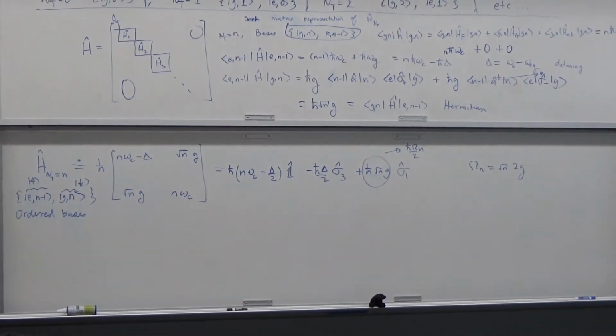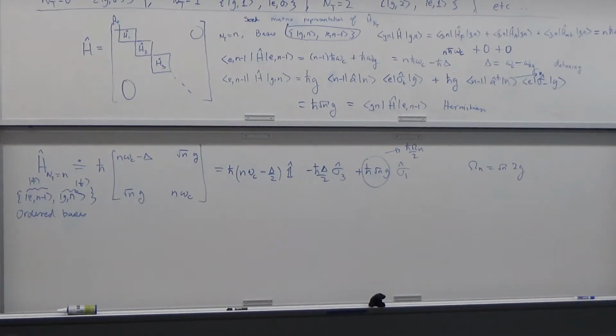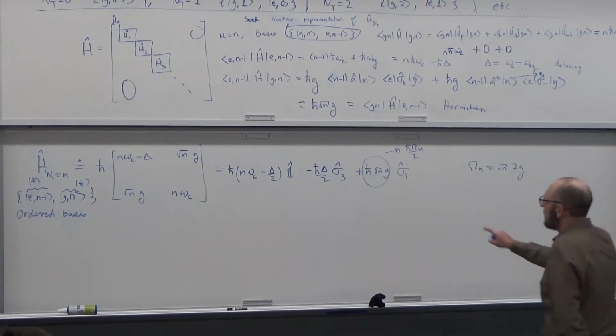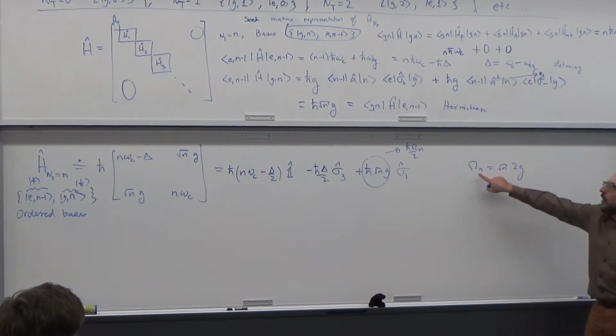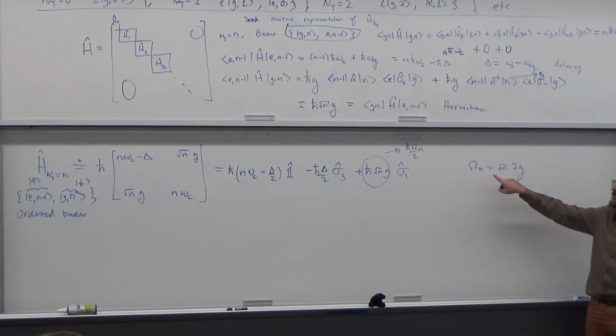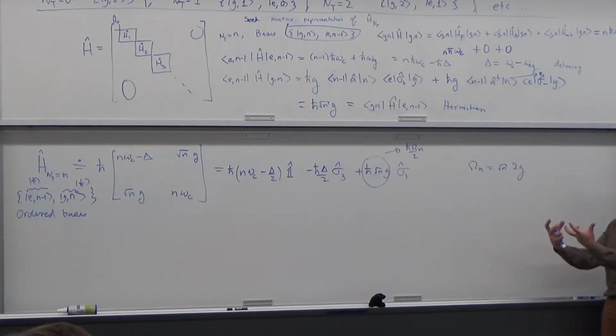Right. So, by the way, how do we physically understand why there might be a square root of n in our Rabi frequency that's associated with these n photons? Why is the square root of n? Yes, sir. The field of the laser? It's related to the field, right?